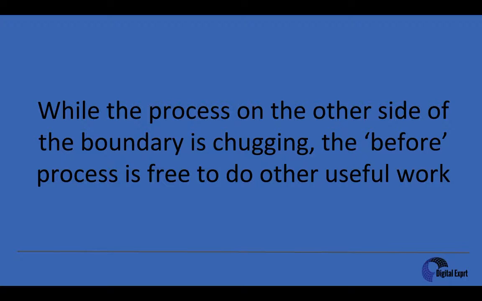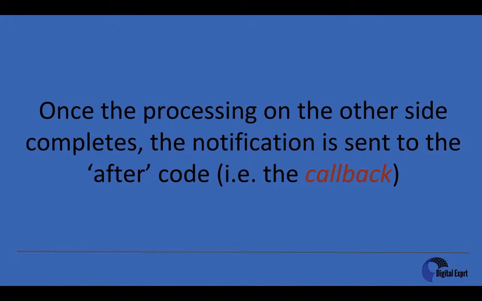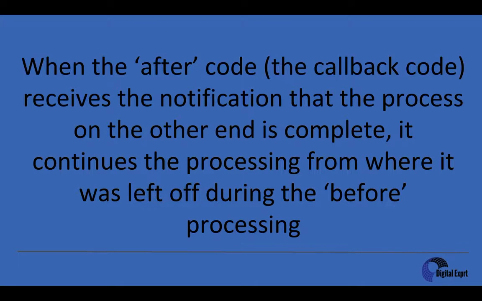Now, once the processing on the other side completes, the notification is sent to the after code, the callback, symbolically represented by this icon. And when the after code, or the callback code, receives the notification that says, okay, I'm done here, you can go and do whatever your logic dictates, then the block of code that we label after will continue the processing from where it was left off during the before processing.